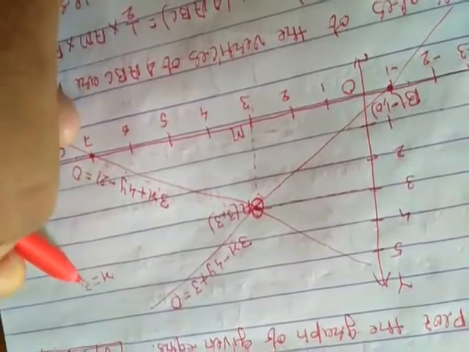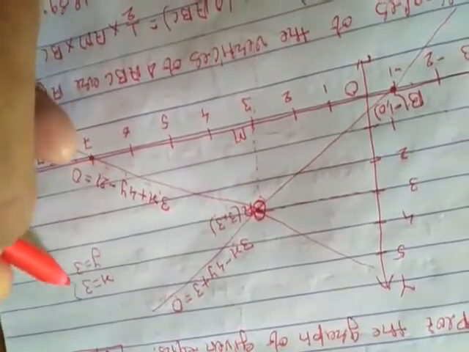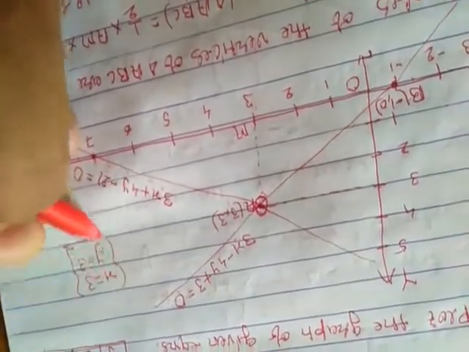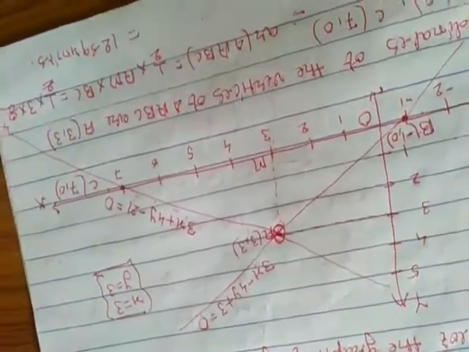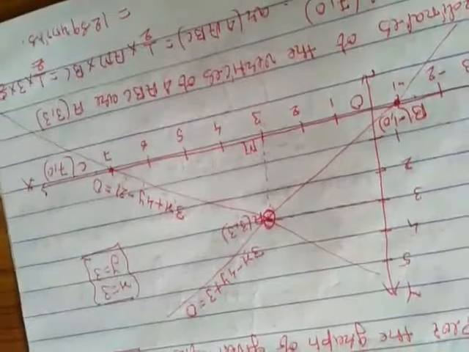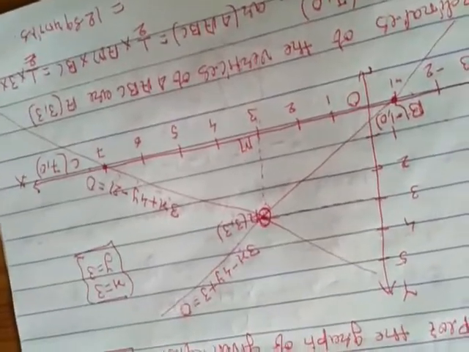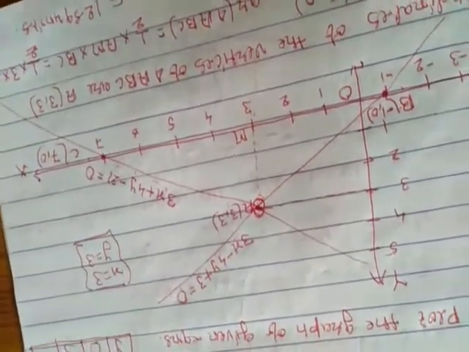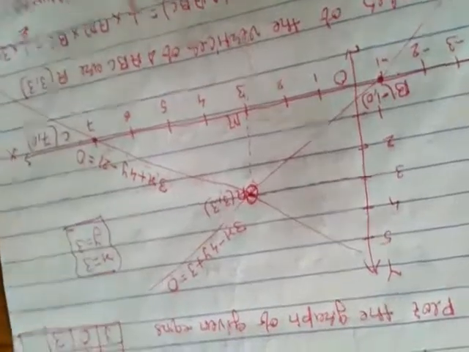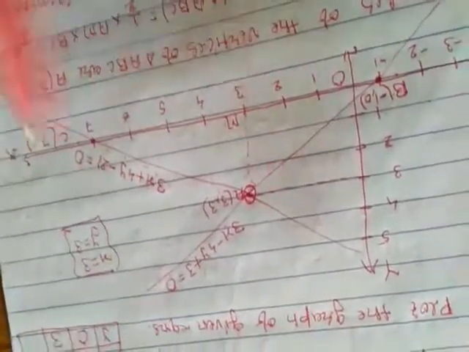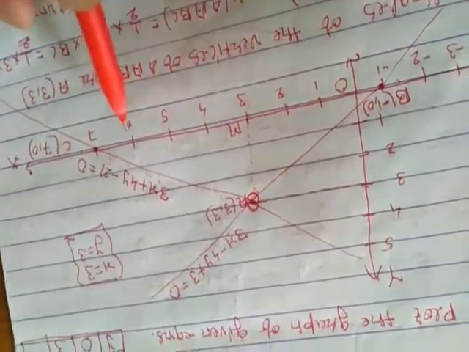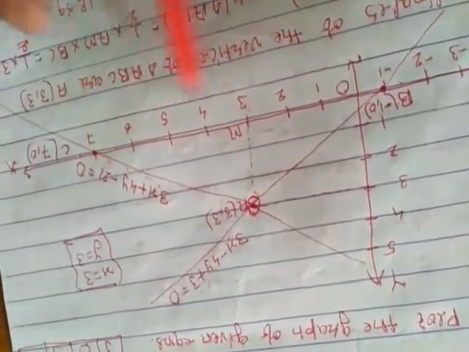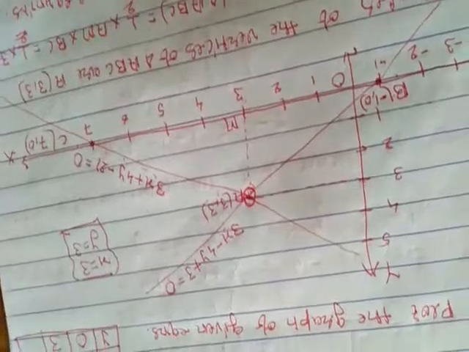So x equals 3 and y equals 3 is the required solution. So in this way we can solve a pair of linear equations by the graphical method. Now in this question, we were supposed to find the area of the triangle formed by the intersection of these two lines and the x-axis also.